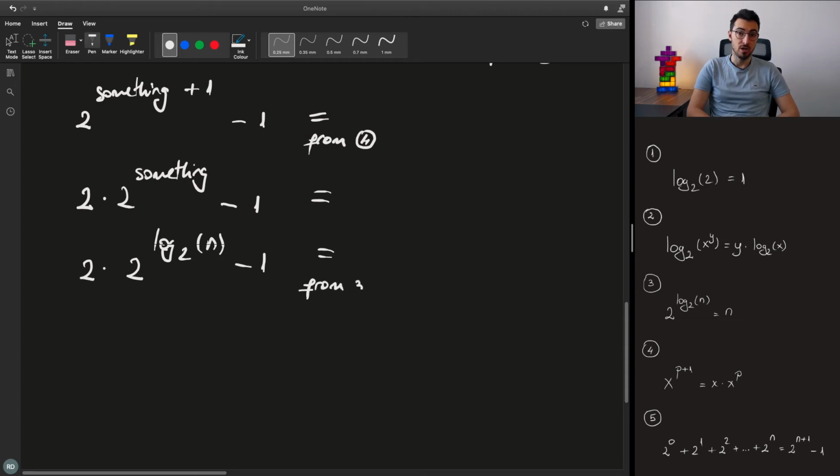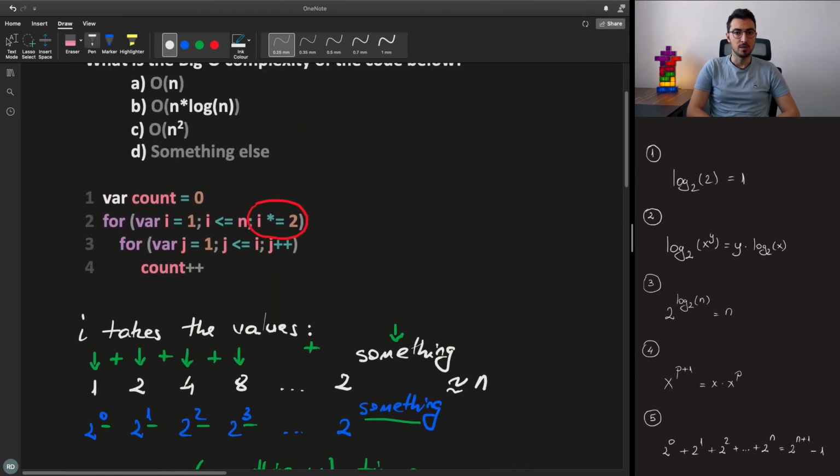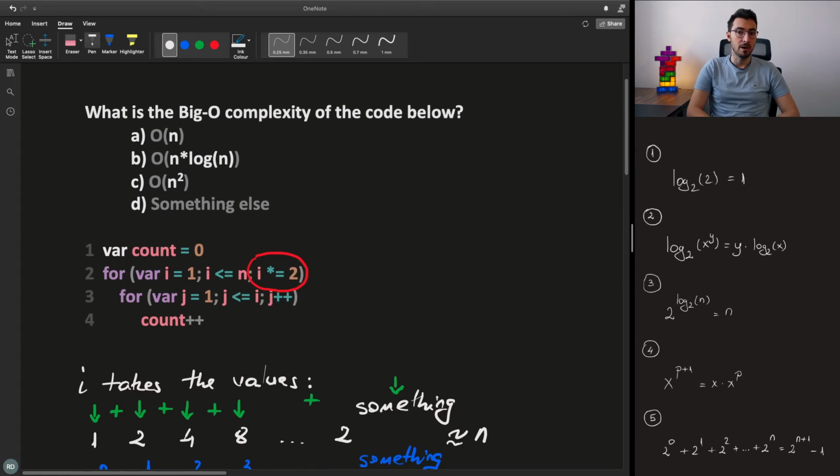Using property 3 now, we can reduce this further to 2n minus 1. So the number of times the second for loop is executed is 2n minus 1 times. And incidentally, this is also the number of times that the count plus plus on line 4 is executed.